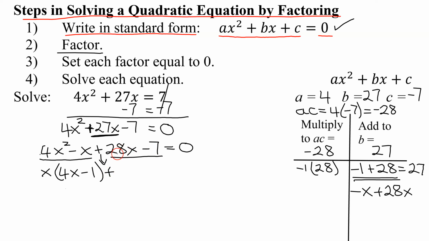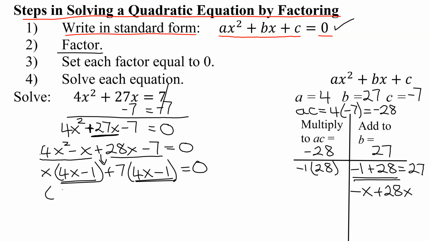And what do the last two have in common? I think the only thing they have in common is a 7. And I pull a 7 out of a 28x. It's going to leave 4x. Pull a 7 out of a negative 7. It's going to leave negative 1. So now, is this binomial the same as this?